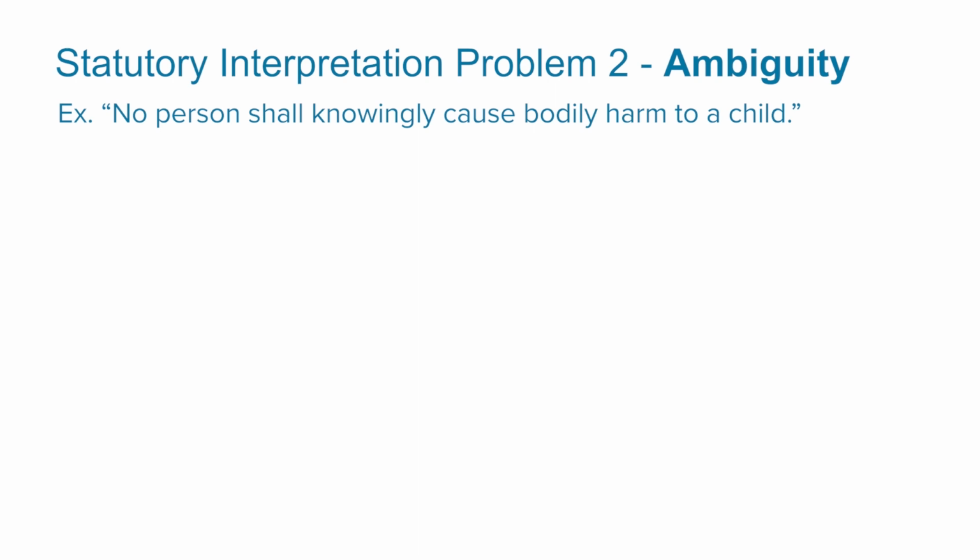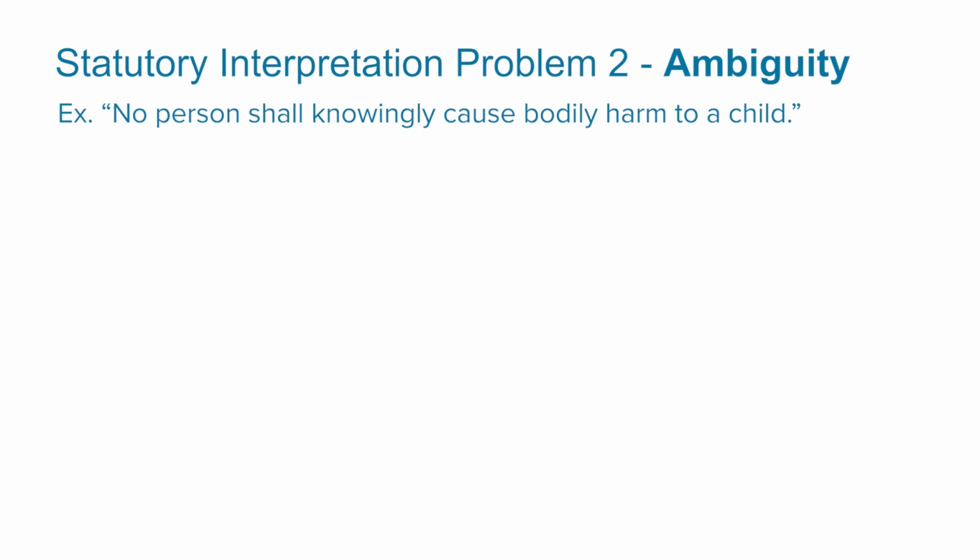Now let's consider a statutory example of ambiguity. Imagine a criminal law that prohibits, quote, knowingly causing bodily harm to a child. On first read, this statutory language might seem relatively straightforward. But there's actually an important ambiguity hidden beneath the surface that relates to mens rea, or the guilty mind.